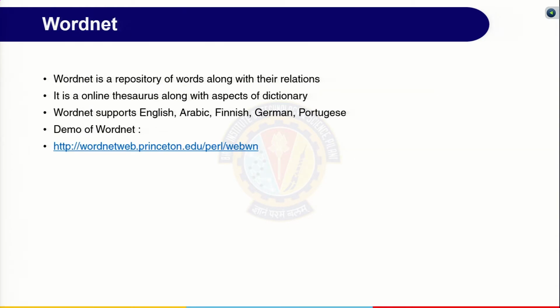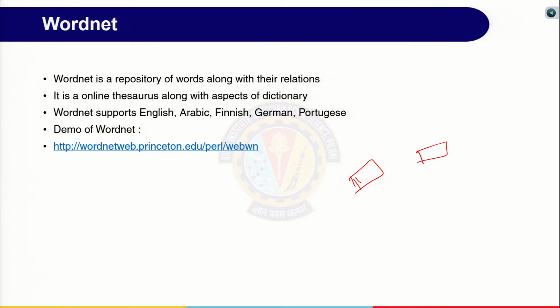The reason we have discussed all these various relations is to introduce you to the concept of WordNet. WordNet is a repository of words along with their relations. If you remember your class on semantic nets, WordNet is a perfect example of a semantic net which has all the words from the dictionaries.